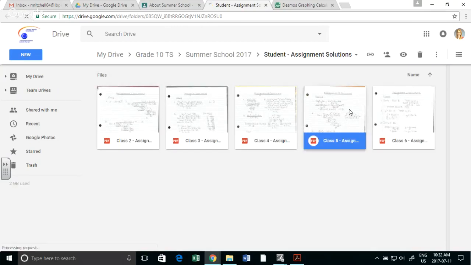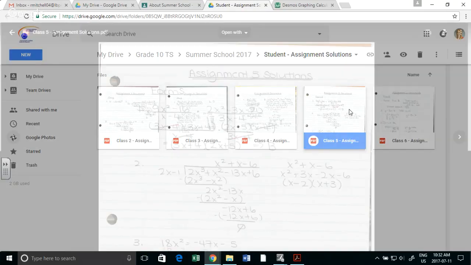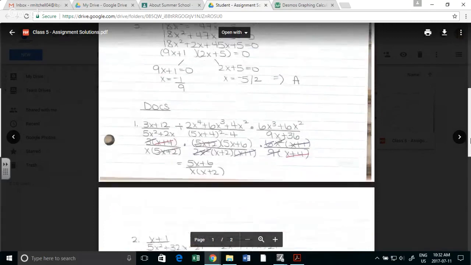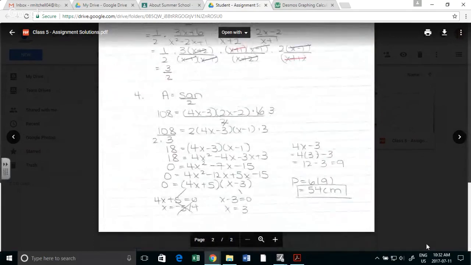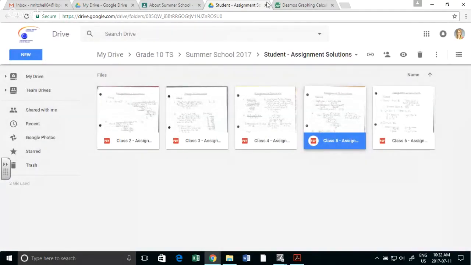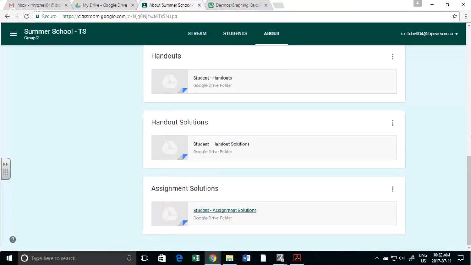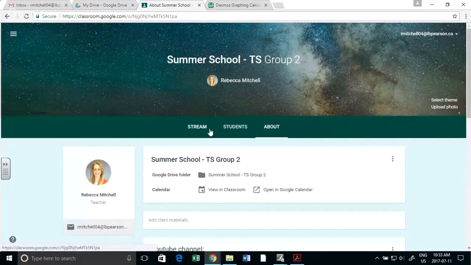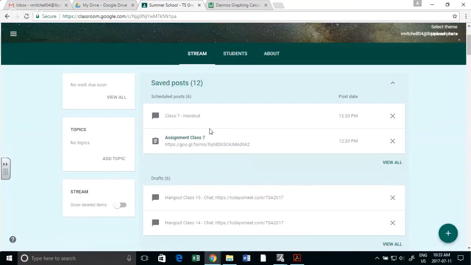So you can just say, I want to look at the solutions to class 5. I even did the form problems completely out so you can see all of my solutions. It's just organized better, so you don't have to go searching through this never-ending stream of things in the stream part of it. I am going to continue posting the notes and all of that in the stream, so you see it as it comes out.